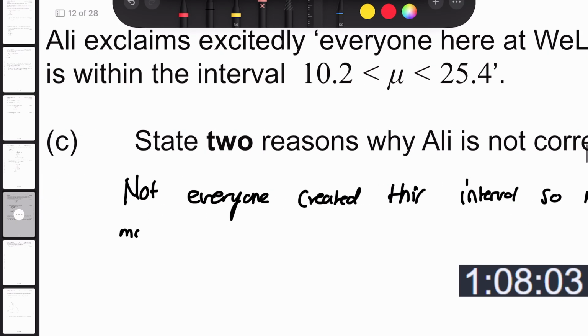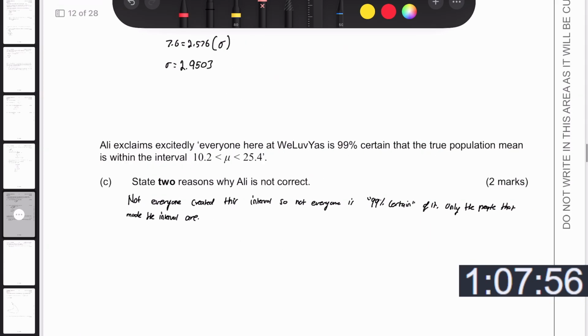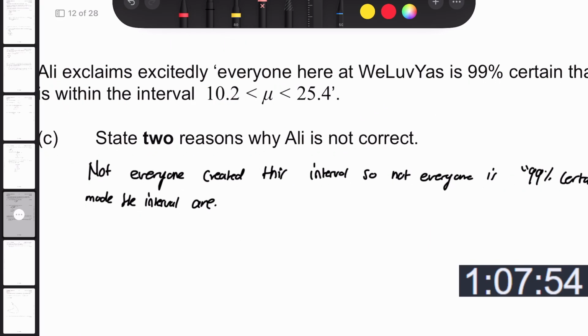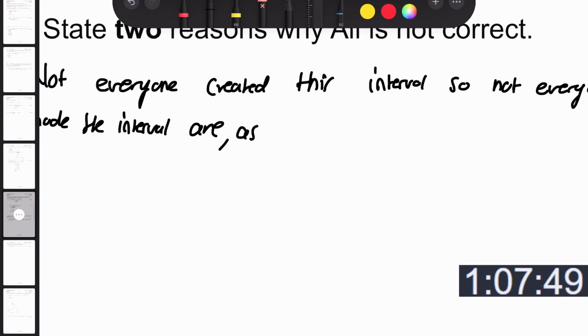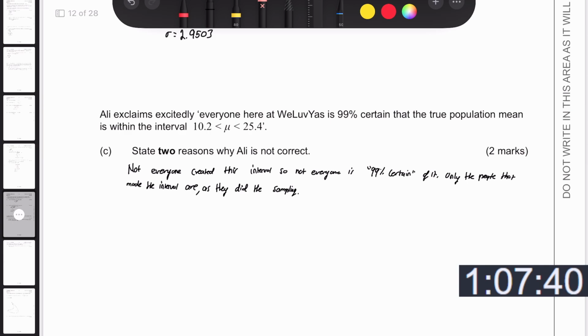I don't like these questions. Okay, they did the sampling. Now I'm saying that the true population mean is within the interval.